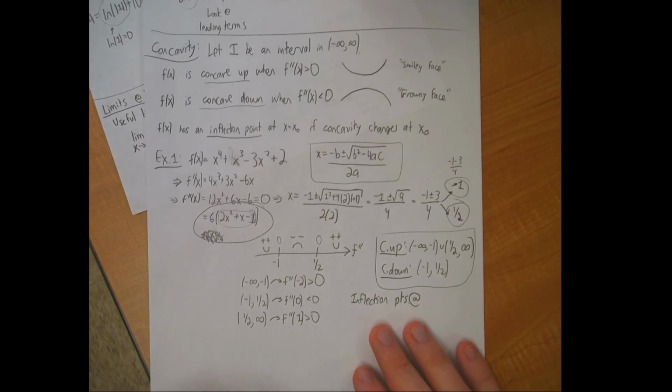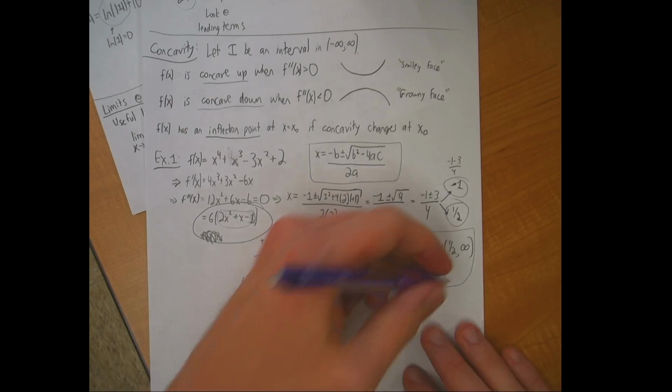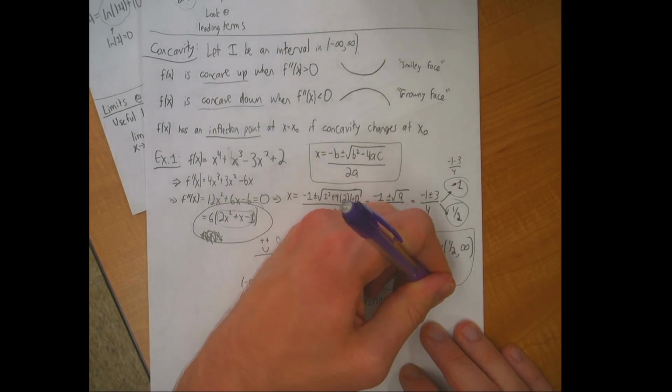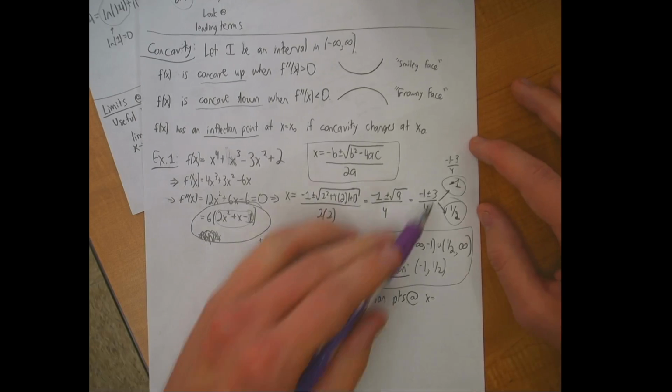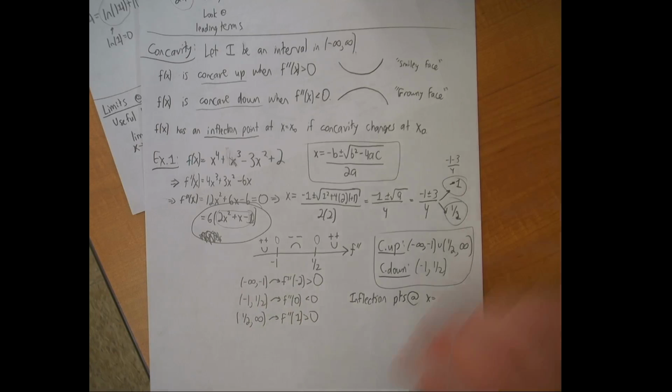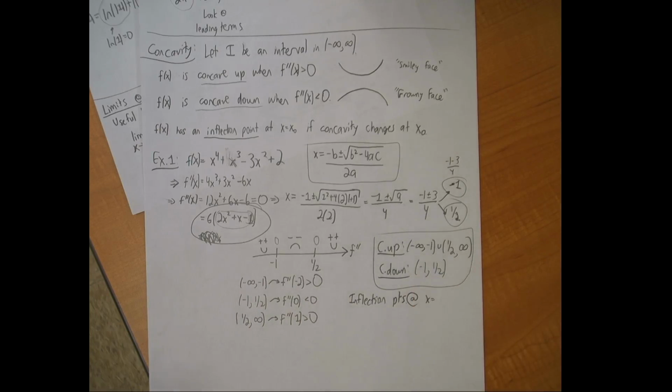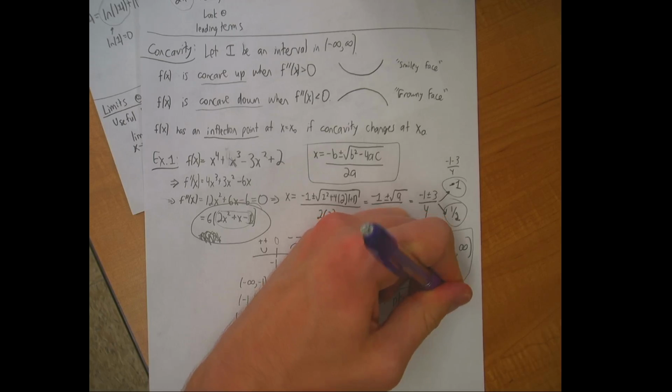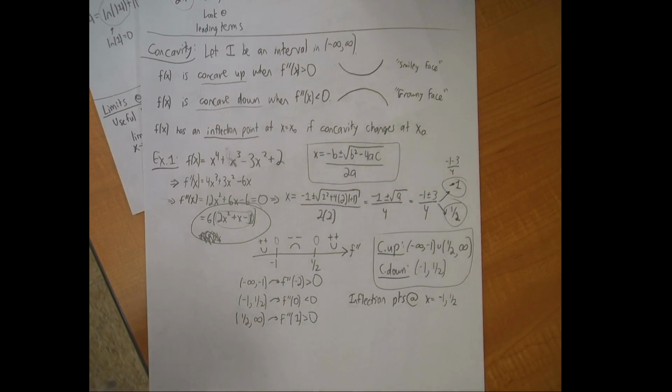If we focus on our 2 candidates for inflection points, based off of the behavior that we established in our number line here, what should that tell you about the inflection points for this graph? -1 and 1/2. Yep, good, because those are where the concavity changes.